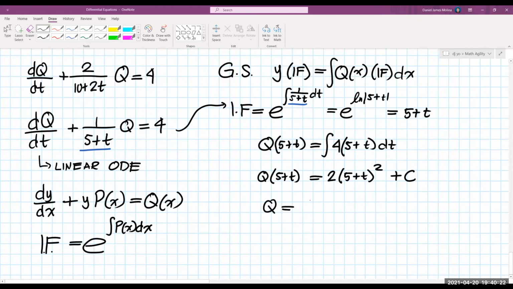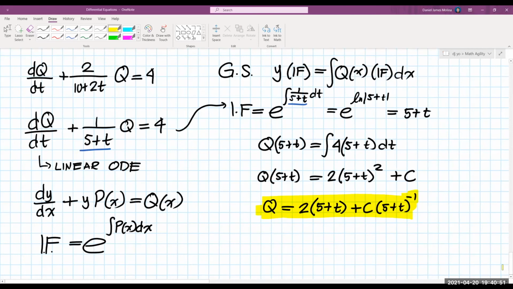So solving for q, we have 2 times 5 plus t plus, we can use a negative exponent, c times 5 plus t raised to negative 1. So this will be our general solution for the linear ordinary differential equation.